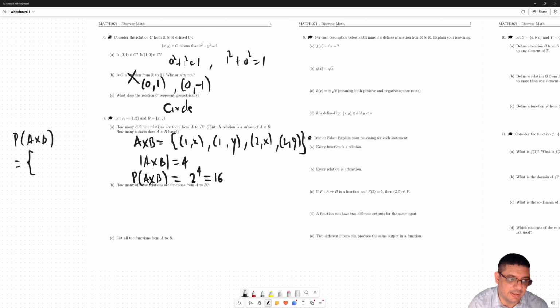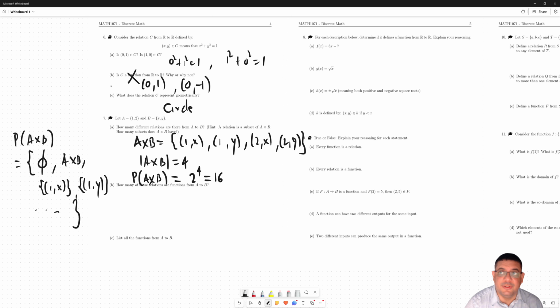You can get the empty relationship, you can get A times B, but you can also get things like only the set of (1, x), only the set of (1, y), and so on and so forth.